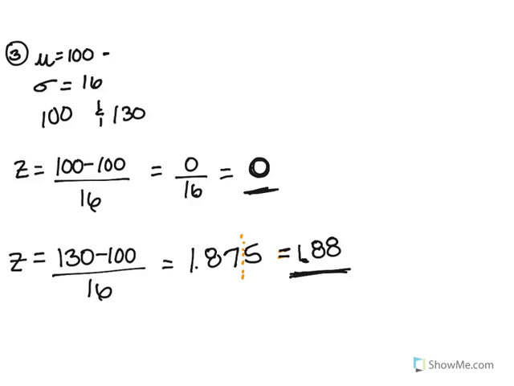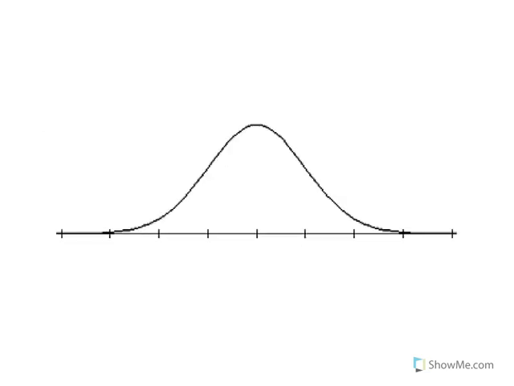We're at 0 and 1.88. 0 is where our mean, our middle, is, and 1.88 is the z-score for 130.